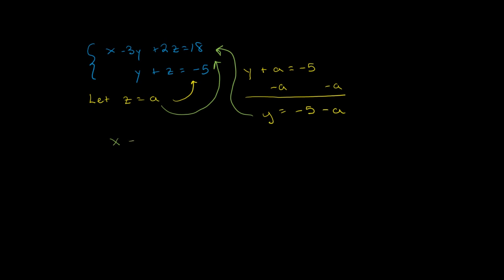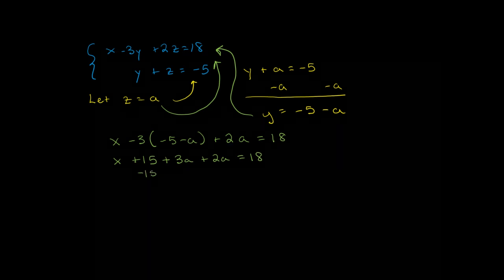And so we end up with x minus 3 times y, which is negative 5 minus a, plus 2 times a equals 18. And then you're going to solve this for x. We get x plus 15 plus 3a plus 2a equals 18.